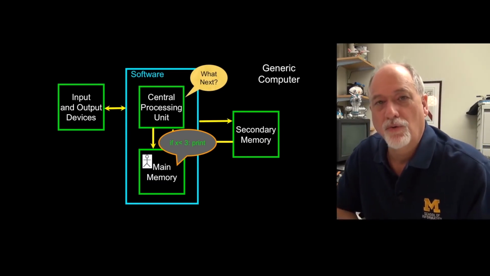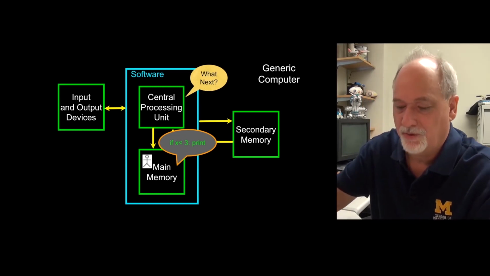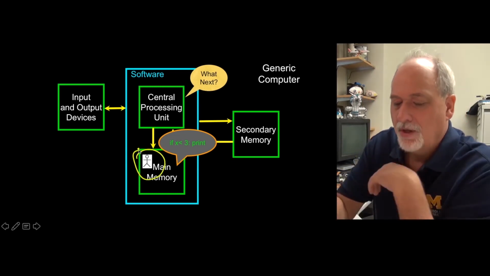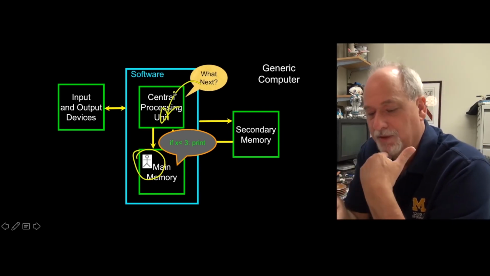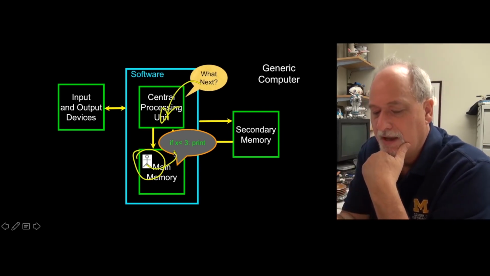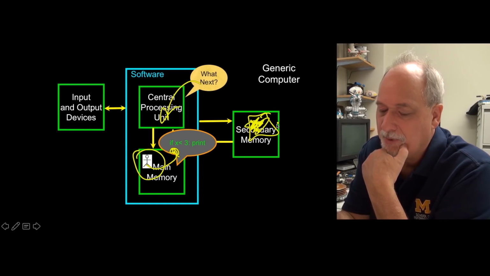And so where your place is in here is you live in the main memory. This is you. You are here. And so, in a sense, when the CPU asks the question, what next, it is your job to answer that. And you answer that by writing Python code. You'll write a file in Python code, and then that Python code gets loaded into main memory.